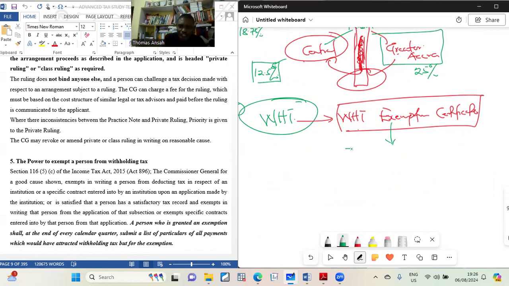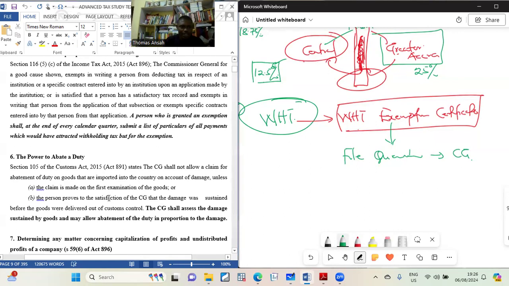You are supposed to be filing those quarterly to the Commissioner General. But me, I know that they don't. Really, they really don't. All right. So that is another power.